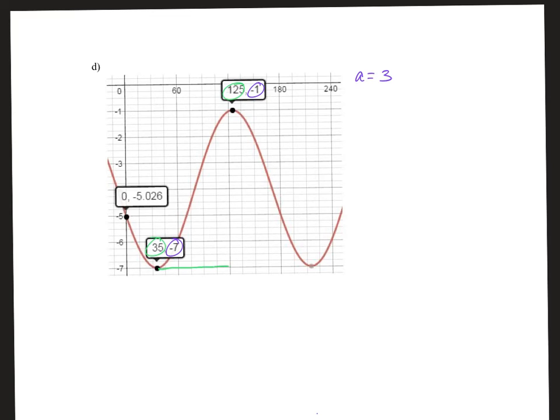So horizontally then, the distance from minimum to maximum, half the period, is 90. Well, if half my period is 90, then my period is 180. And that period is half my normal period, which means I need a horizontal stretch by a factor of a half. I need a k value of 2.